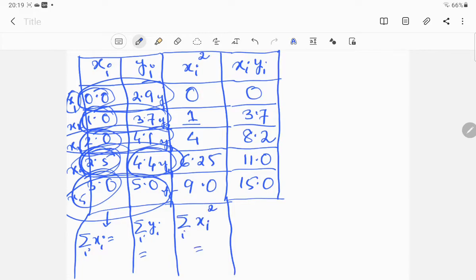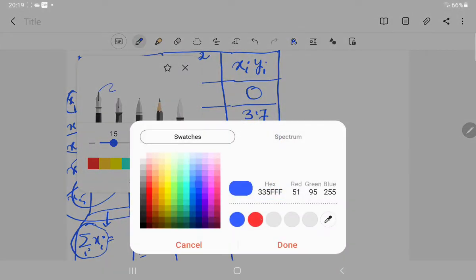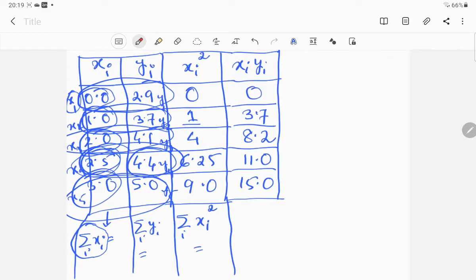The summation of xi means you need to add all the things in the xi column.